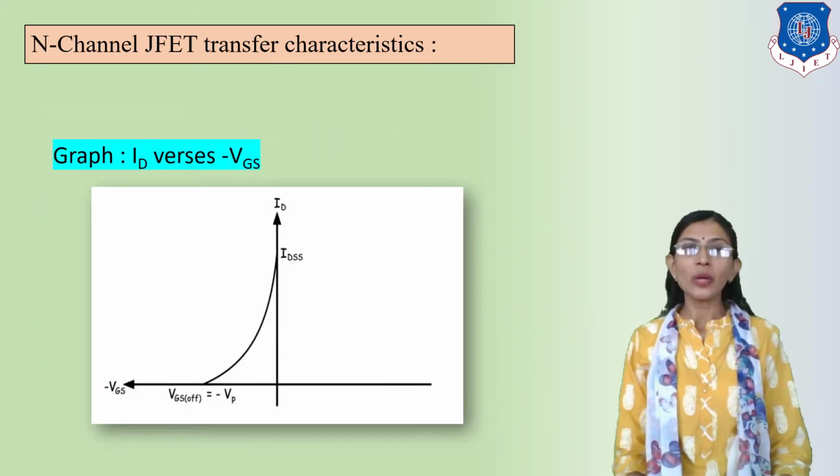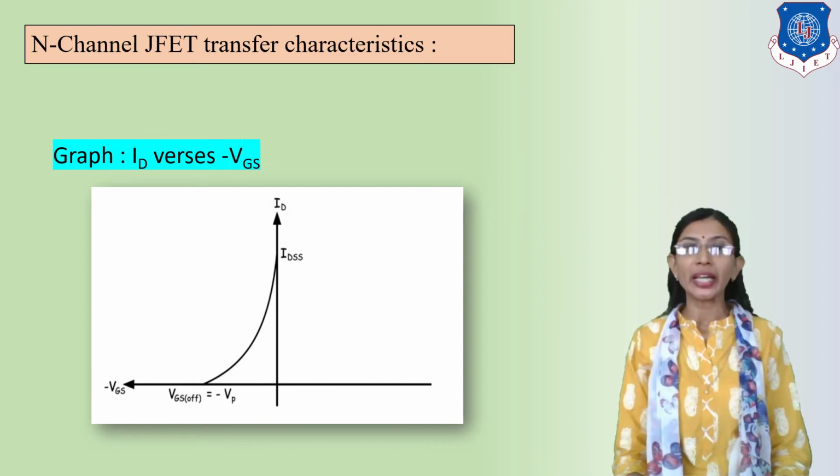Dear students, now I am going to explain the N-channel JFET transfer characteristic, and that is nothing but the input characteristic. Which are the 2 main parameters? One is output current ID, which is controlled by the input voltage, that is VGS. And for N-channel JFET, we are applying the negative VGS. So the y-axis is the ID current and the negative x-axis is the minus VGS.